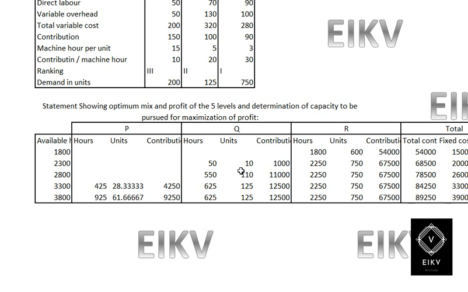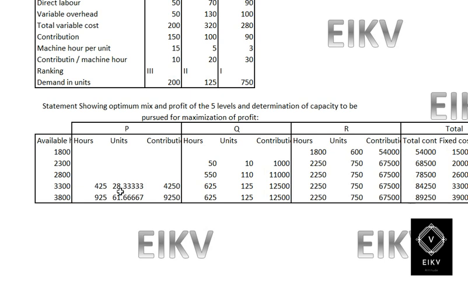Okay, so the contribution will be 12,500 plus 67,500 minus fixed cost of rupees 33,000 and you get 52,500. Then we go on to the next level, that is 3,300 hours.